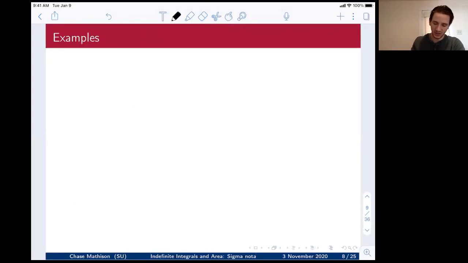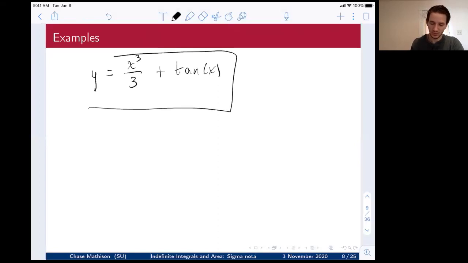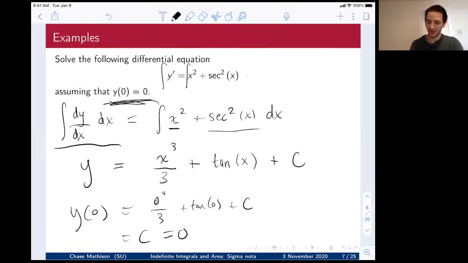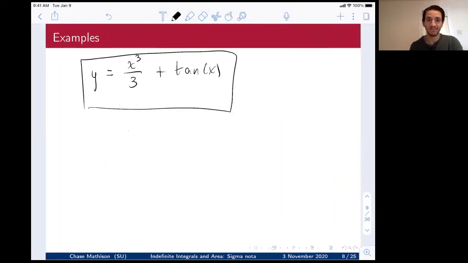So that tells me y is just equal to x cubed over 3 plus the tangent of x. Plus 0. I didn't forget the constant of integration. The constant of integration turned out to be 0 in this case.